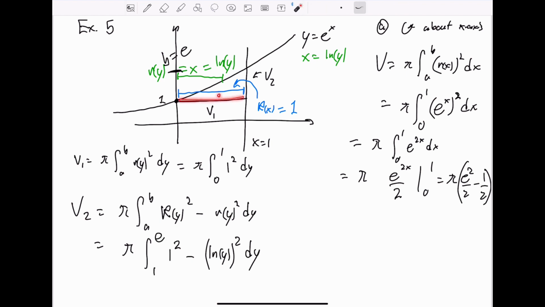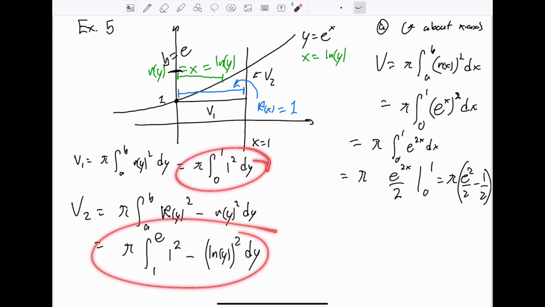That will take all of this volume, adding up volumes of horizontal slices, moving upward from a y value of 1 to a y value of e. So the total volume, if we rotate around the y-axis, would be the sum of these two integrals.